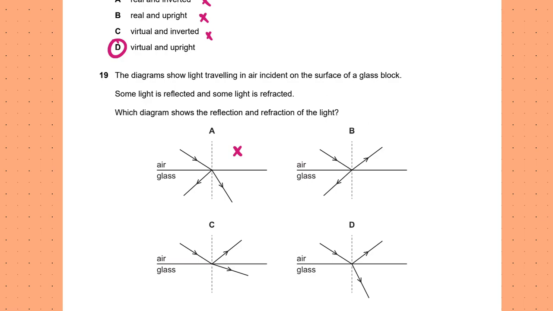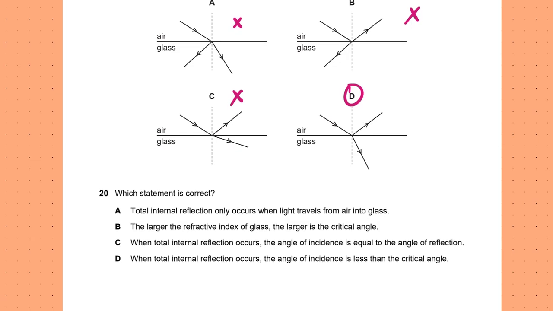Now about the refraction, it can't be like this. This obviously is wrong. This looks like reflection, but in another dimension of sort. So this is wrong. So now between C and D, because light is moving from a less dense medium to a more dense medium, we know it bends towards the normal, not away. So D is the correct one. C is out. All right.